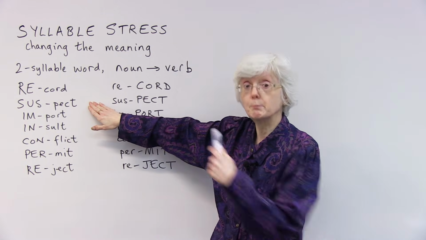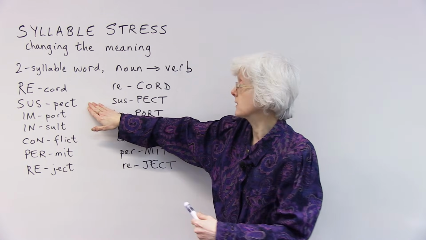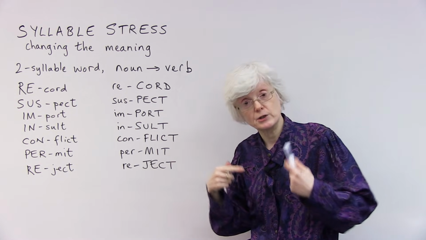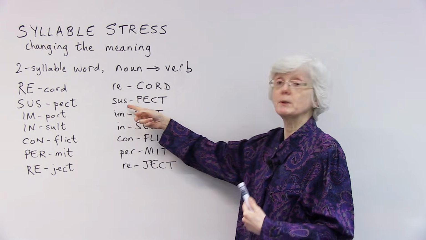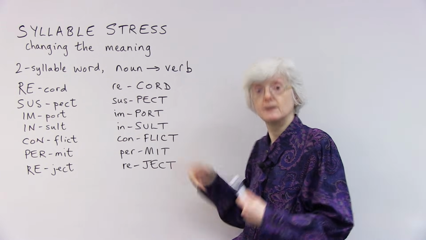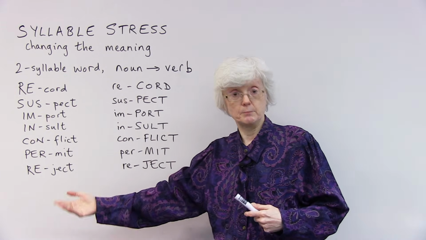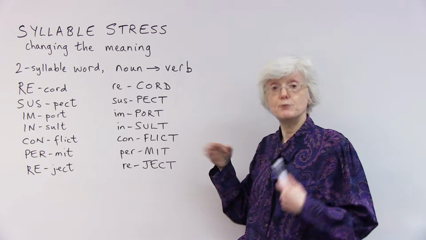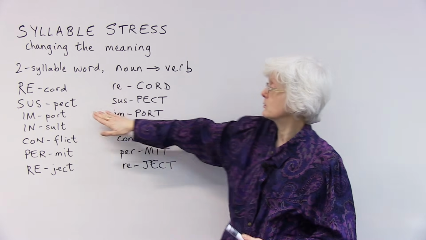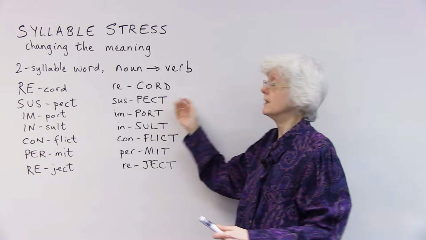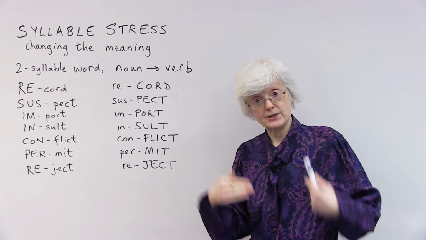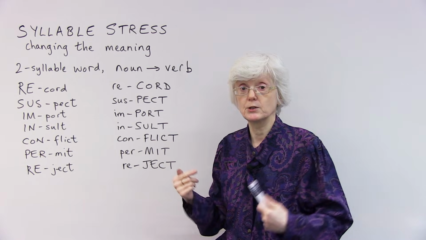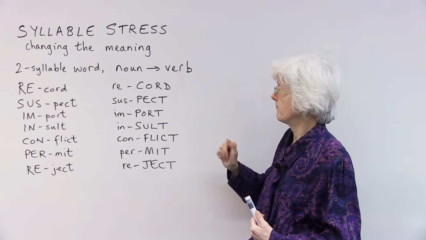So that's the noun, the person. If you suspect someone, if you do the action of suspecting, the police suspect this person of having committed that crime. So suspect is the noun, suspect is the verb, the action of having suspicion about somebody.